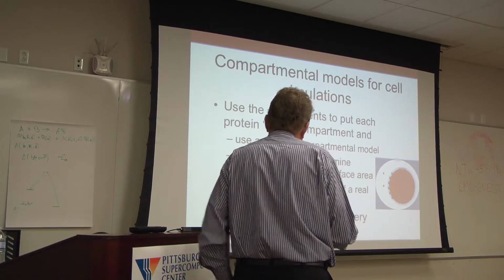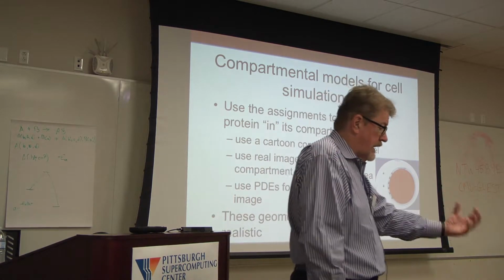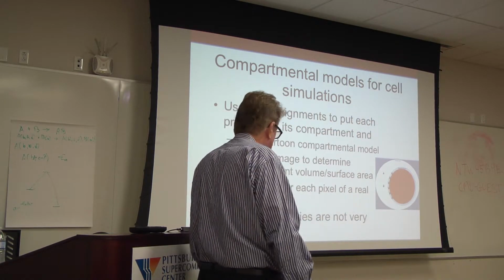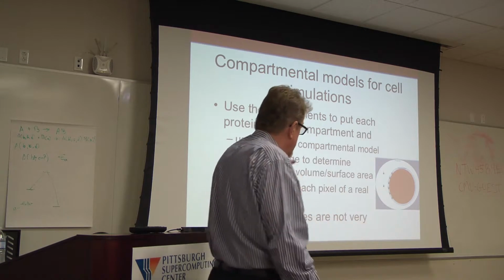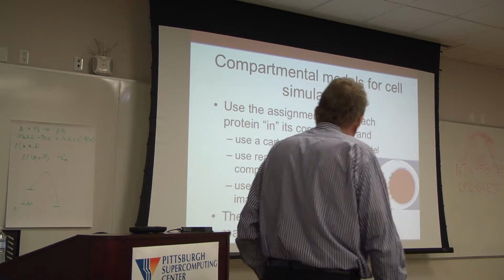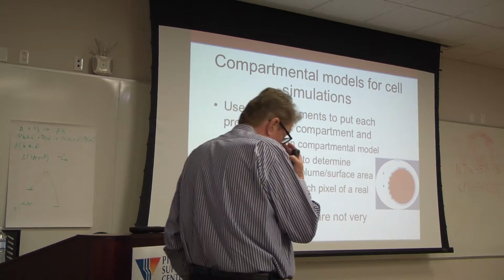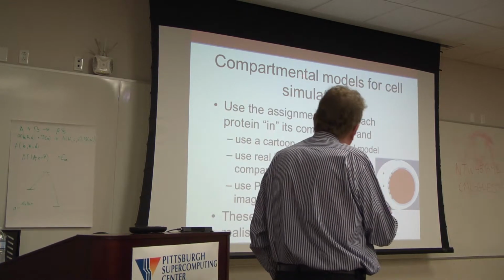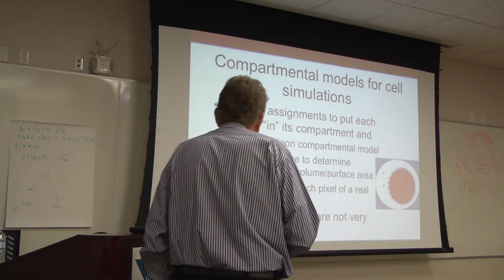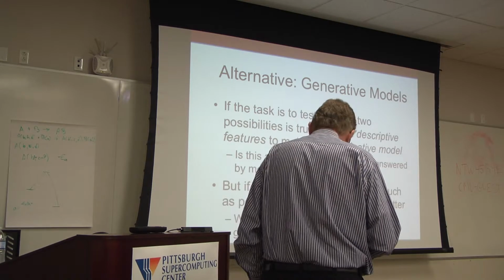We can do a real image and use it to just calculate areas. Or we can actually take a real image and use partial differential equations to do simulations on it. These are some of the ways in which we can take information from images and try to do compartmental simulations, where each individual part of the cell is considered separately. But many of those are not realistic.